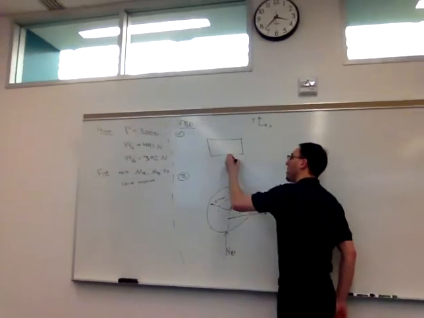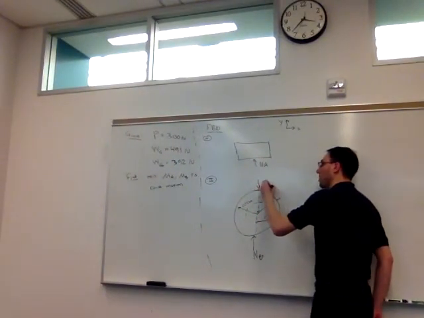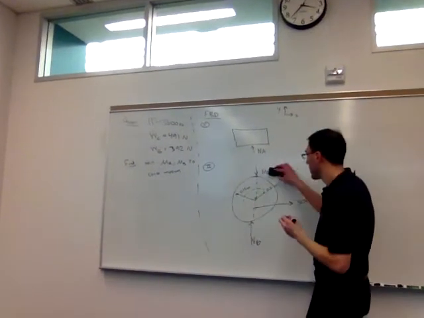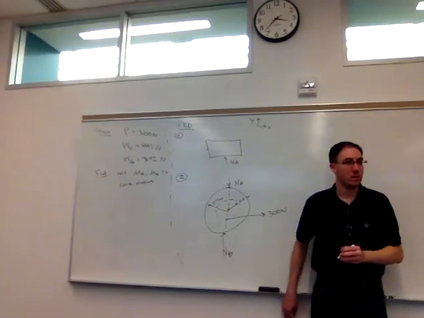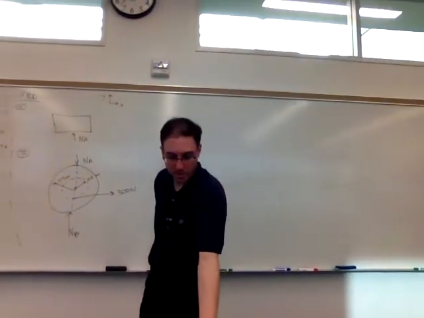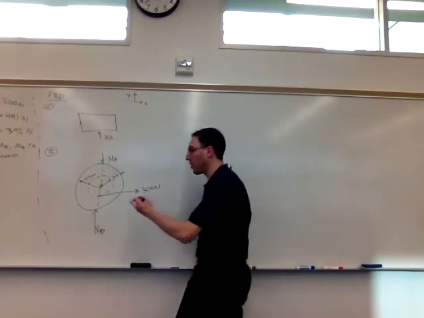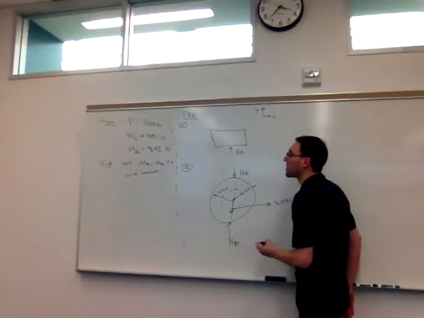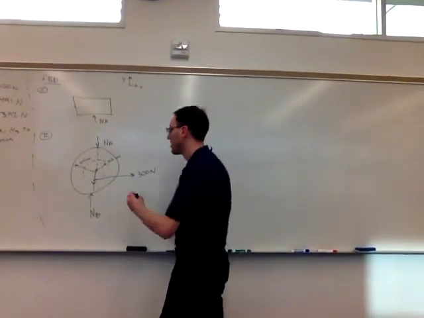We know that NA will be pushing up on the block, so NA must be pushing down on the spool. Let's hold off on the friction for right now. What was the other force on the spool? Right, its own weight, which for the spool is the 392.